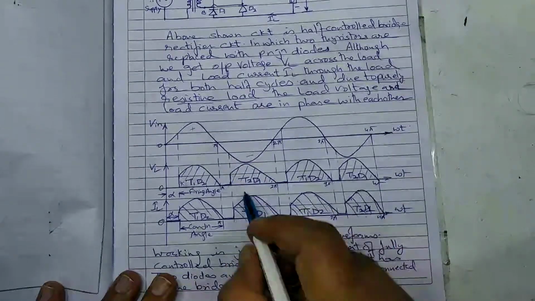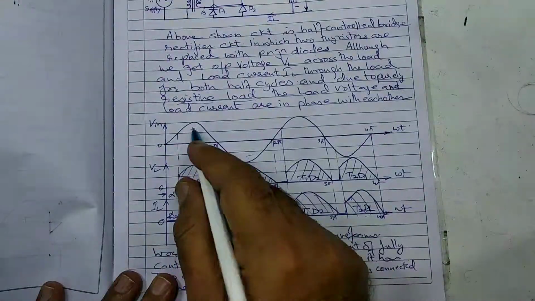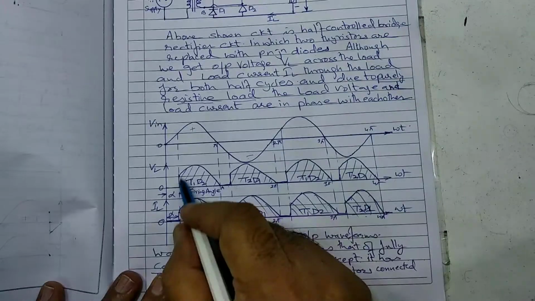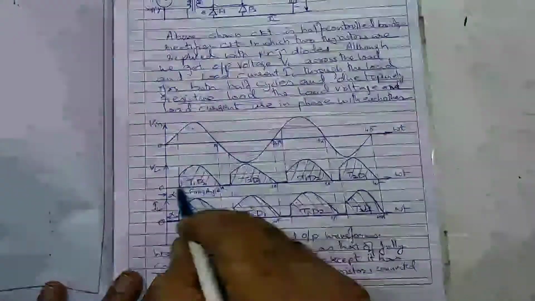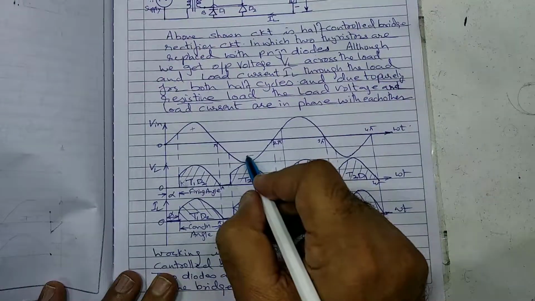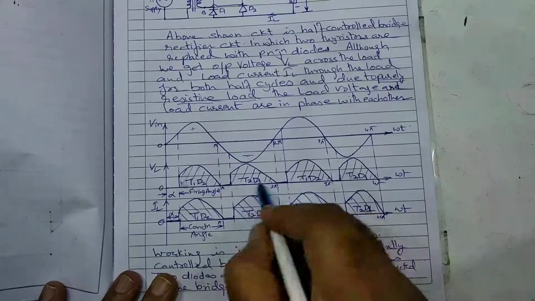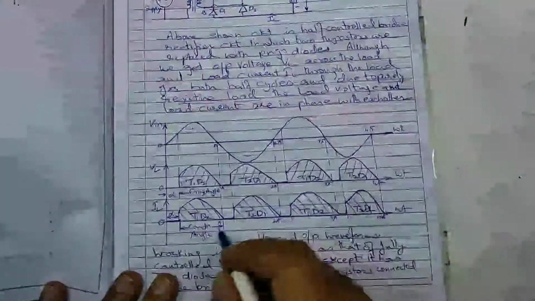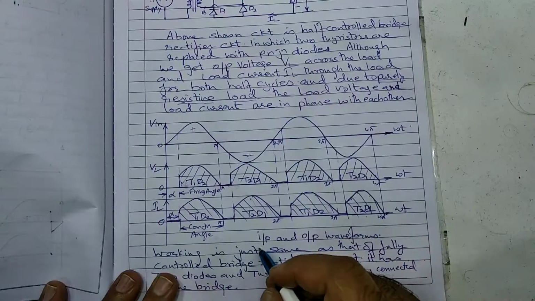In the negative half cycle, T2, D1 are forward biased. So in the positive half cycle, we get output voltage and output current due to T1, D2 conduction. In the negative half cycle, we get output voltage and output current due to the conduction of T2, D1.